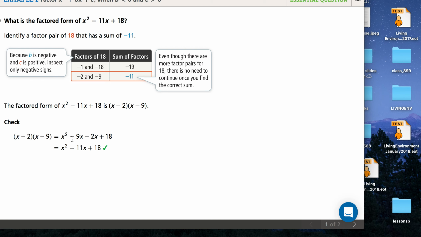We're not done yet. Negative 9x and negative 2x are like terms, so we combine them and have negative 11x. So we bring down x squared minus 11x plus 18.